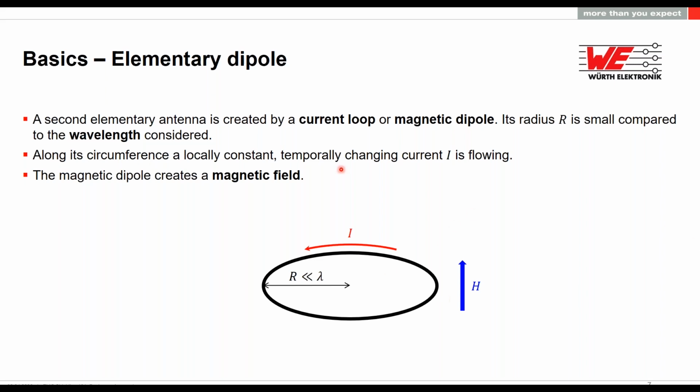This comes directly from here, because when we create these big loops, we are turning our traces into a magnetic antenna, a current loop. So it's able to radiate part of the energy that it is carrying to the outside, and also it's able to pick up signals coming from the outside.